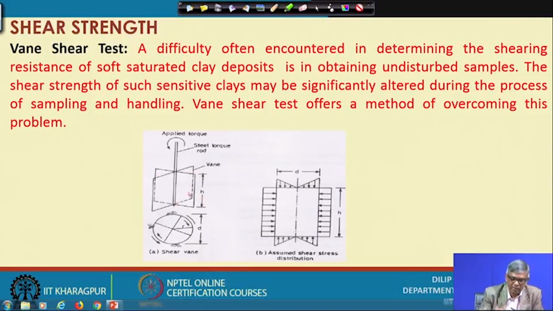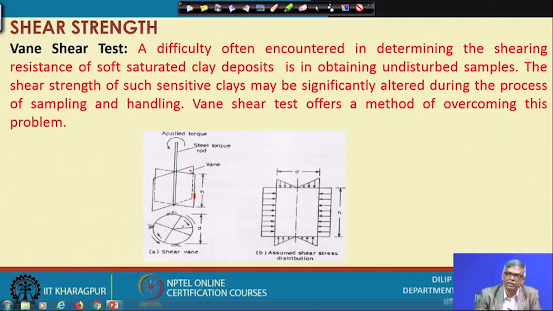It will have 4 vanes welded to a rod, and between two vanes there will be a 90 degree angle. That means we can imagine one rectangle, this side one and the other side one, and when we join these two, the width of the rectangle can be considered as the diameter of the vane, and the vane in the depth direction can be considered as the height of the vane.